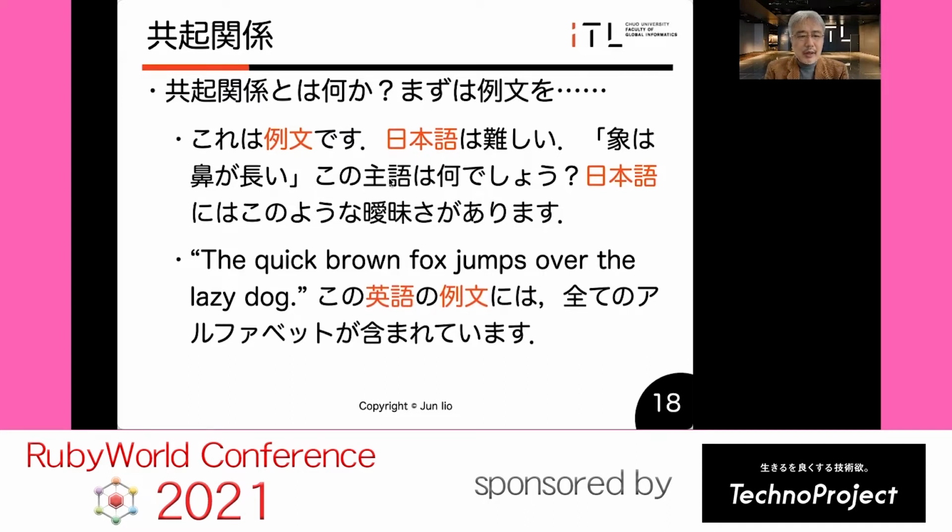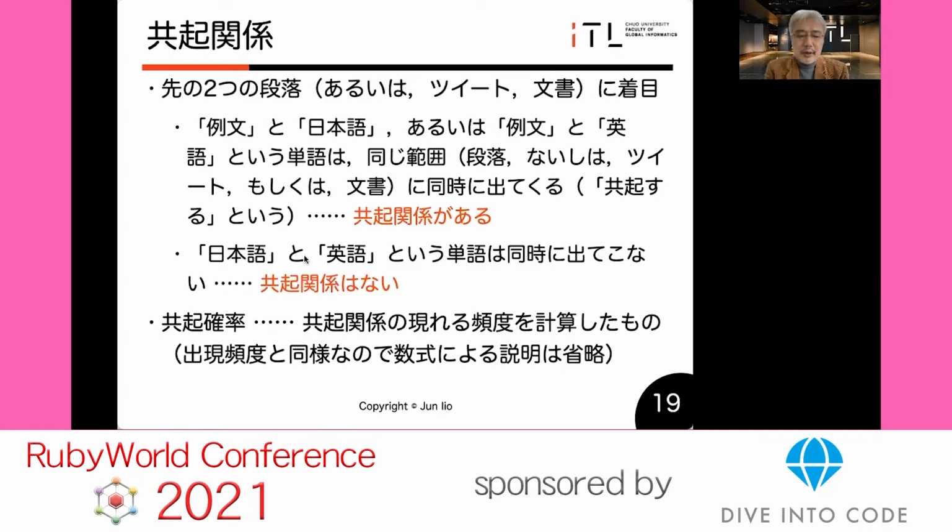And Japanese and English are separated between two different chunks. They don't appear at the same time. So Reibun and Japanese happen in the same place, so they have a co-occurrence relationship. By contrast, Japanese and English don't happen at the same time here, so they do not have the co-occurrence relationship here. And we can calculate the co-occurrence probability.